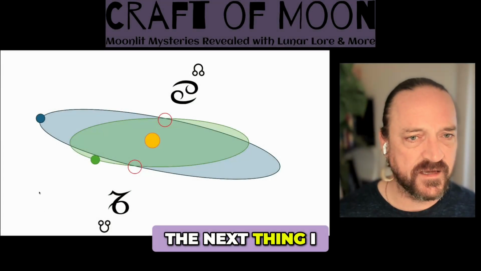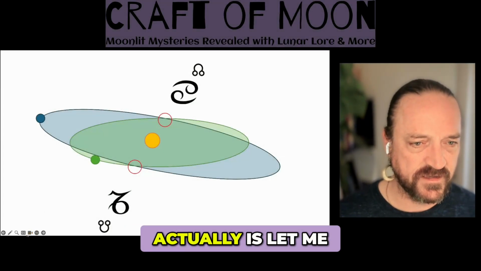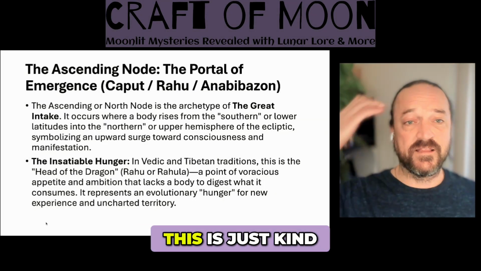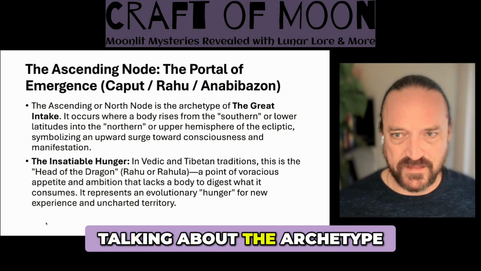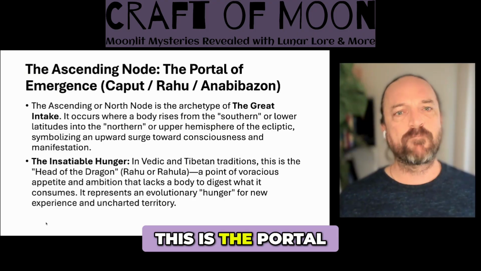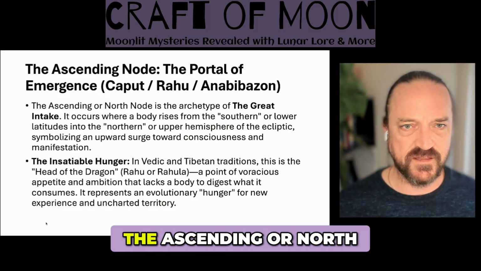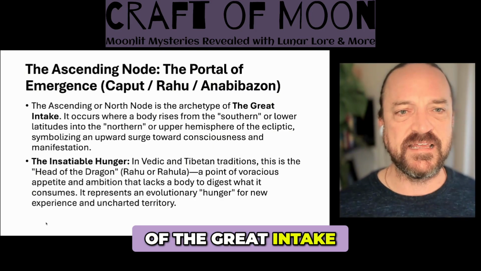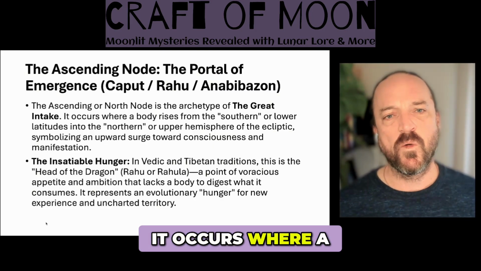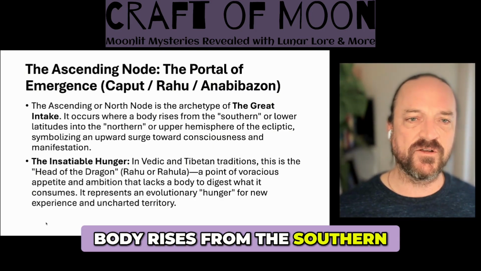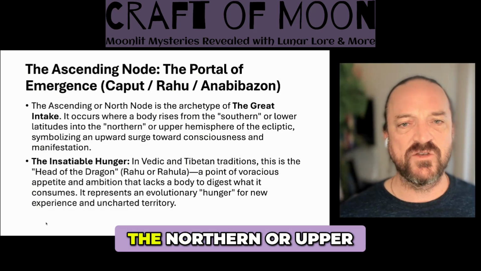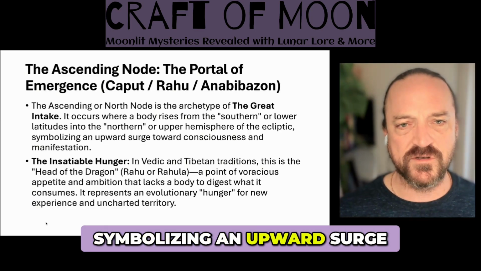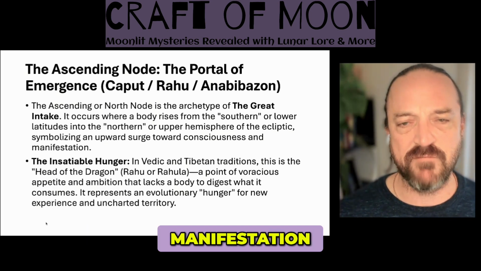All right. The next thing I want to point to here is, let me just advance the slide. So the ascending node. This is a little write-up talking about the archetype of the ascending node. This is the portal of emergence. The ascending or north node is the archetype of the great intake. It occurs where a body rises from the southern or lower latitudes into the northern or upper hemisphere of the ecliptic, symbolizing an upward surge towards consciousness and manifestation.